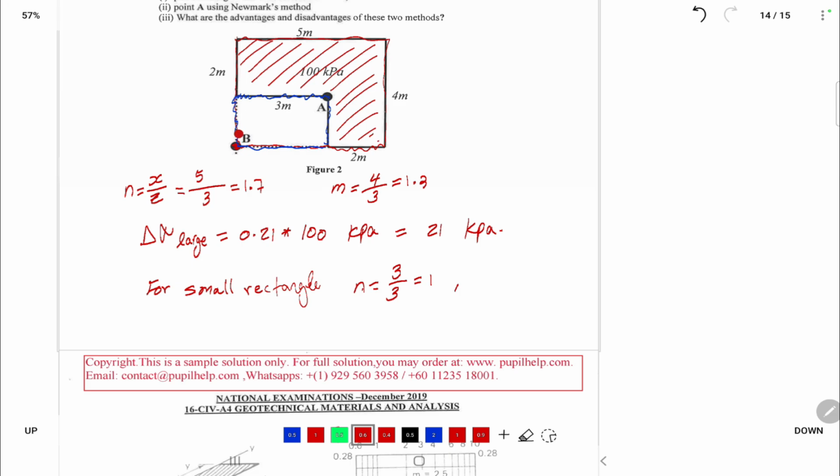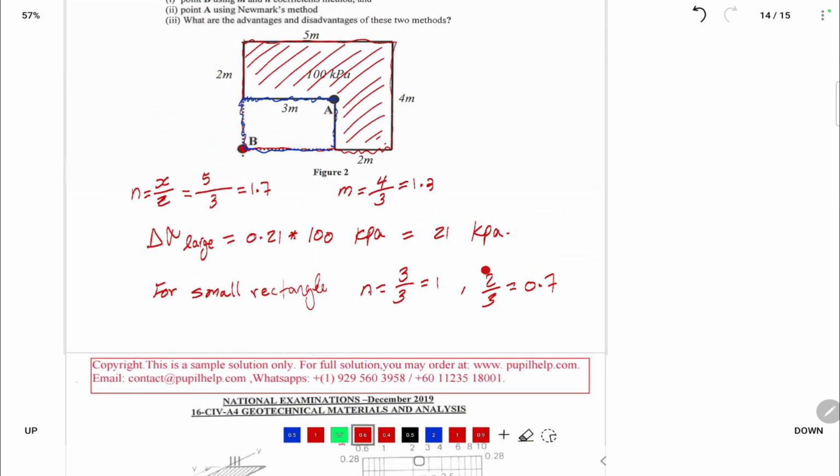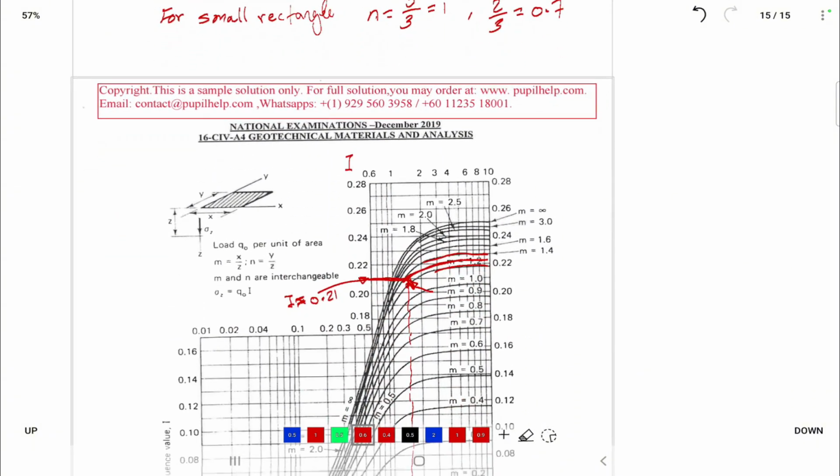M is this side, 2 over 3, which equals 0.7. I will enter this chart with these values and find another influence factor. Then I deduct the increase from the smaller rectangle from the increase from the larger rectangle. This is how I am going to do it. Come here to this chart.